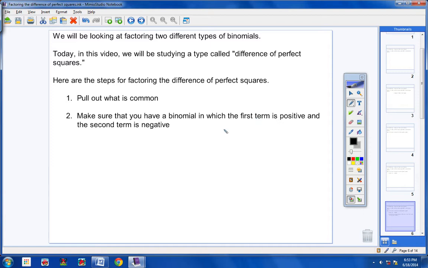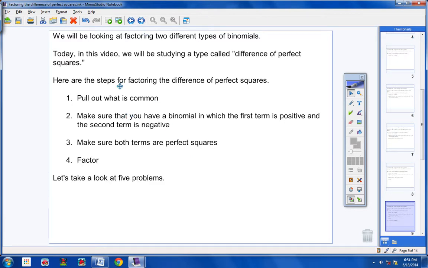If you don't have that, you need to rearrange the terms, or you can't factor it. One of those two scenarios, okay? All right, continuing on. Step 3, make sure both terms are perfect squares. And I'll explain later what that means. And then factor. Okay, so here we go. Let's go ahead and take a look at 5 problems. These are pretty simple, so we're going to go pretty fast, all right?